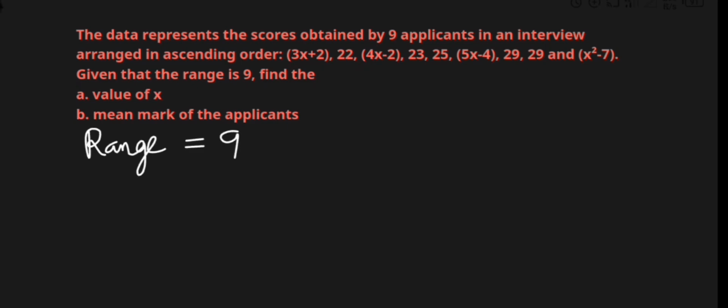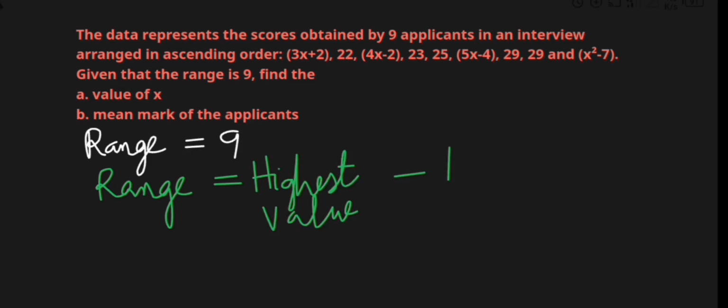And by definition, the range of a set of values is the highest value minus the least value. That is, the difference between the highest and the lowest values. And since in this problem we have been told that the values have been arranged in ascending order, then it follows that the least value is 3x plus 2, while the highest value is x squared.